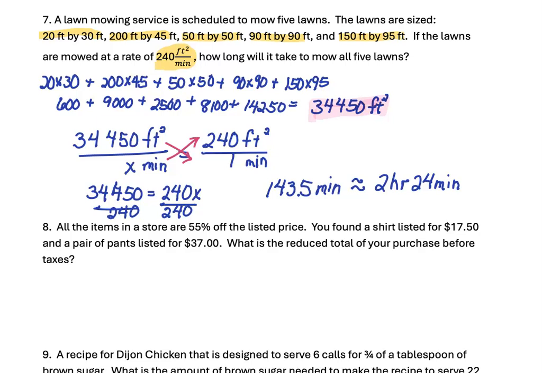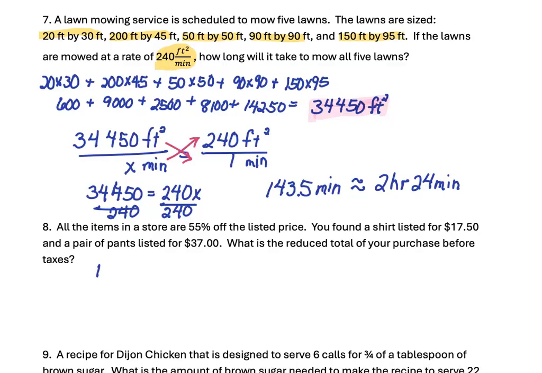Okay. And then question number 8. All the items in a store are 55% off the list price. You found a shirt listed for $17.50 and a pair of pants listed for $37. What is the reduced total of your purchase before taxes? Well, suppose we go ahead and figure out the total first.